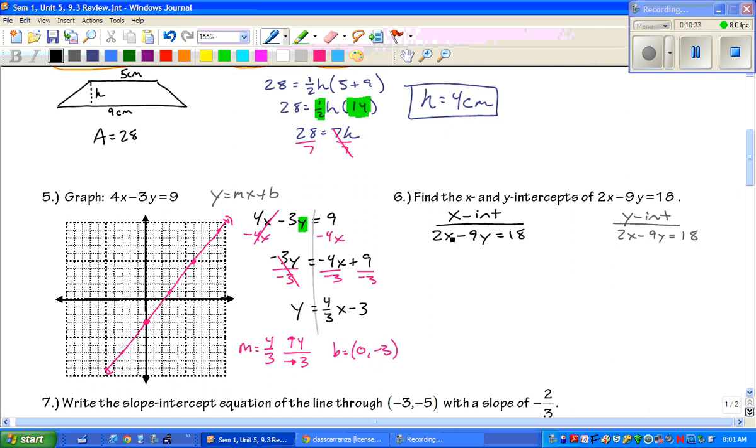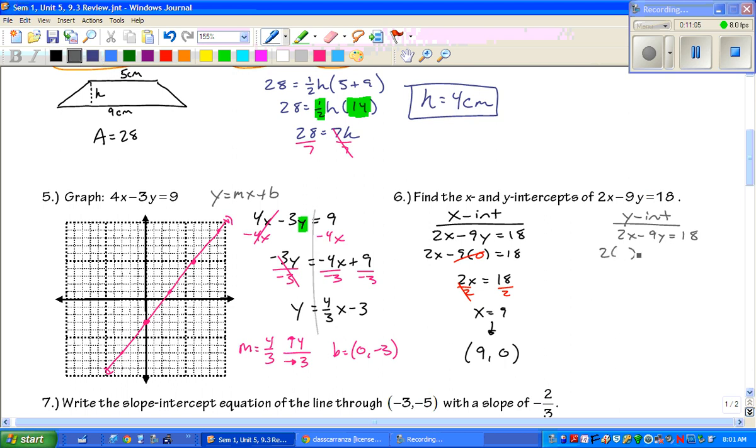Now the x-intercept is when y equals 0. And 9 times 0, boom, 0. So we're left with 2x equals 18. Divide both sides by 2. And we get x equals 9.